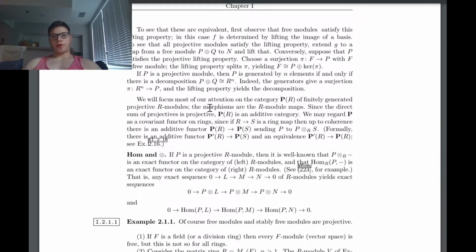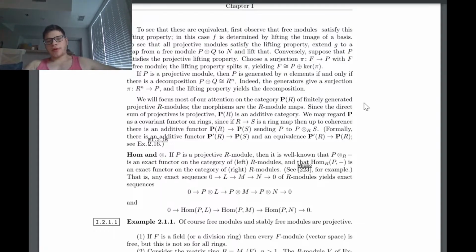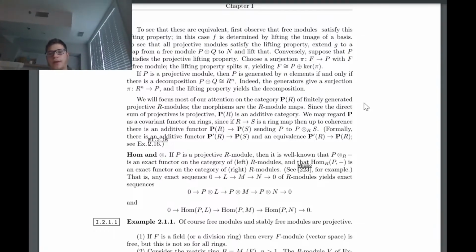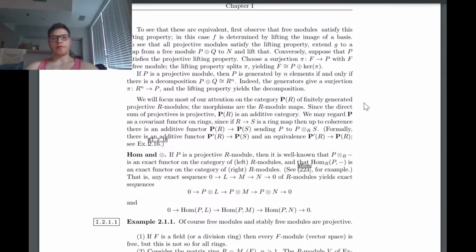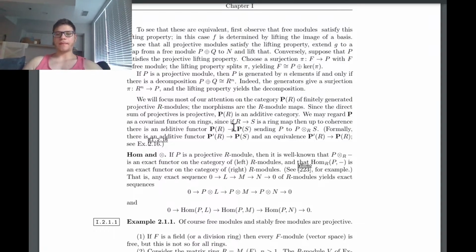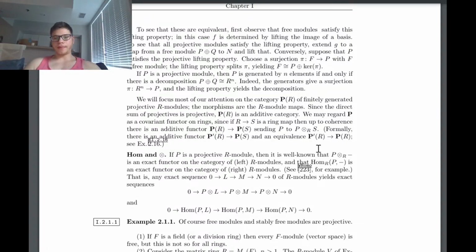Okay, so we'll focus most of our attention on finitely generated projective modules. The morphisms are module maps, of course. Since the direct sum of projectives is projective, the characterization of being a summand of a free module makes that very clear. Then here is an additive category.